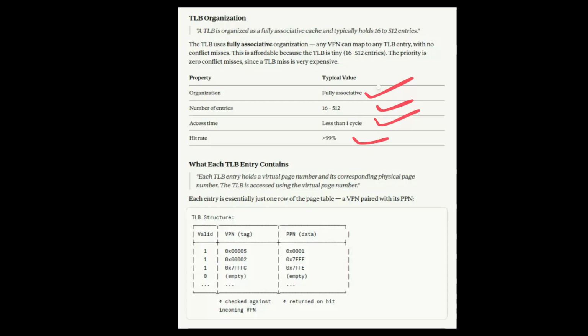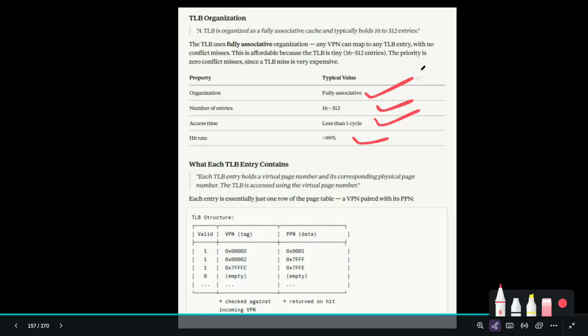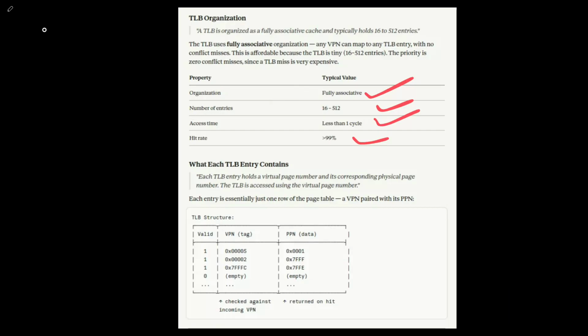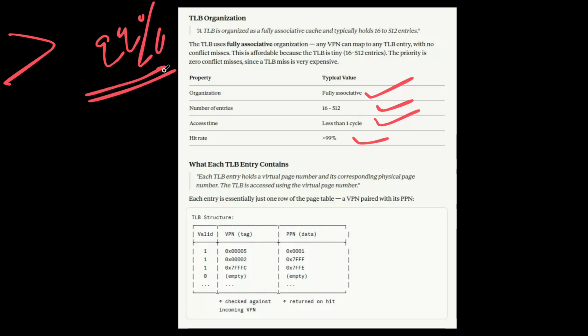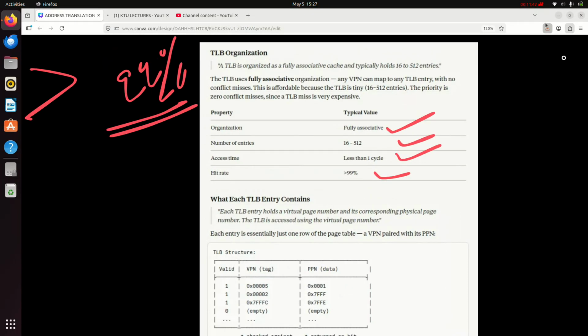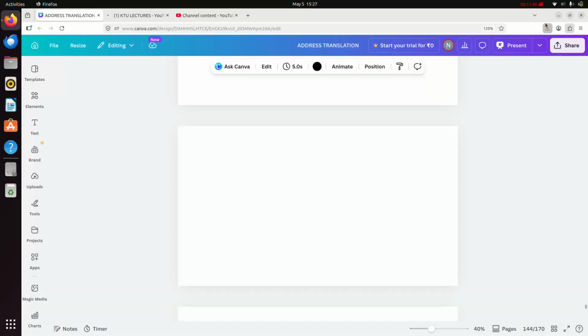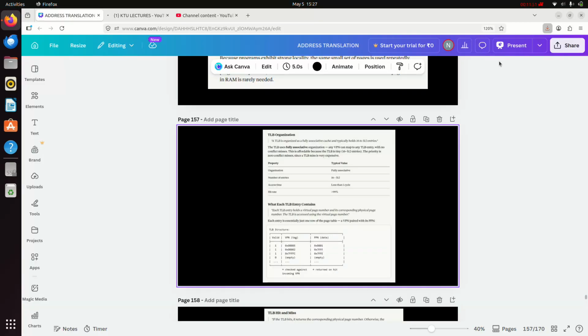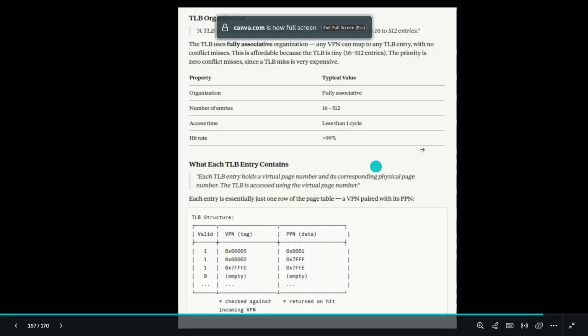The access time in the TLB is less than 1 cycle, and the hit rate is greater than 99%. These are just the properties that you can remember.